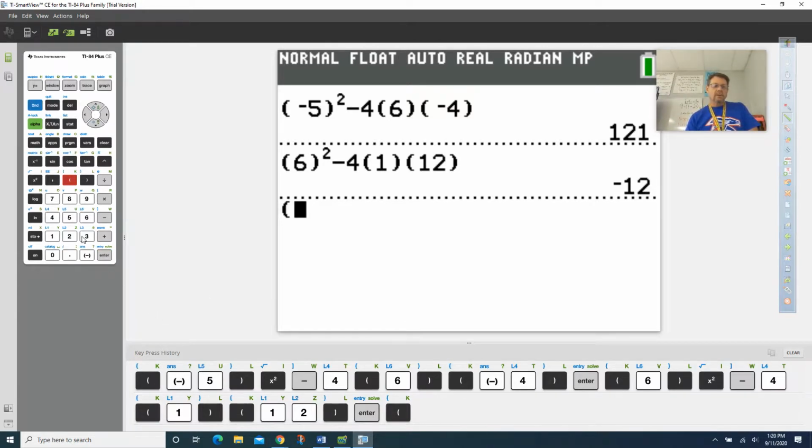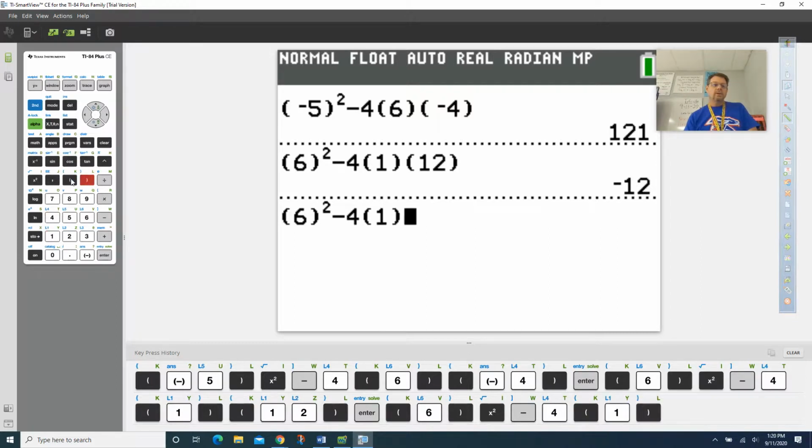We said that B is going to be a 6, closed, squared, minus 4, open, A is a 1. And then the C was positive 9. Oh, if you got -9, it's going to mess the whole thing up, right? So we got to watch out for that sign.